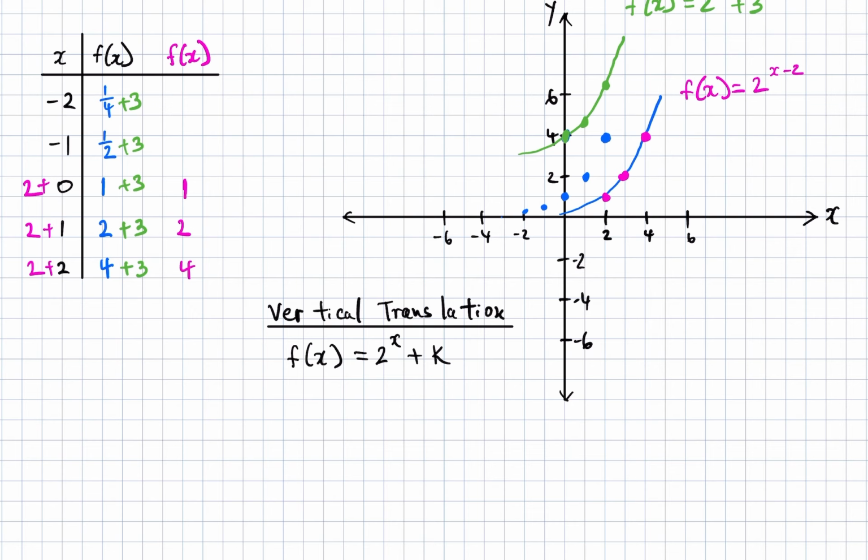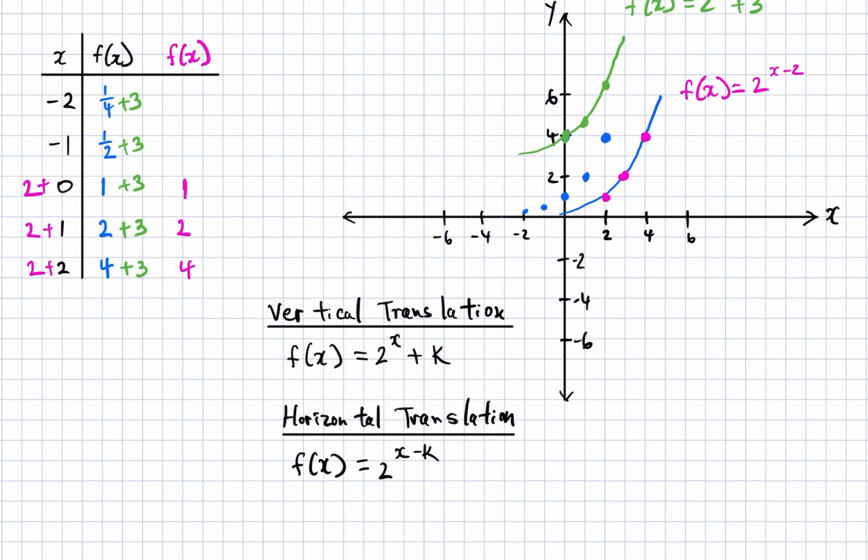Okay, and then for a horizontal translation, or a horizontal shift, then our function is going to be f of x is equal to 2 to the x minus k.